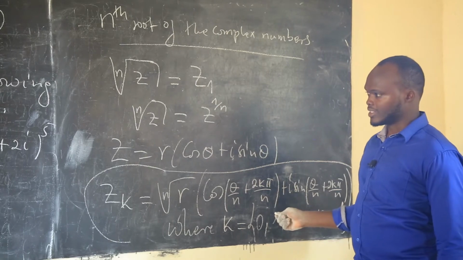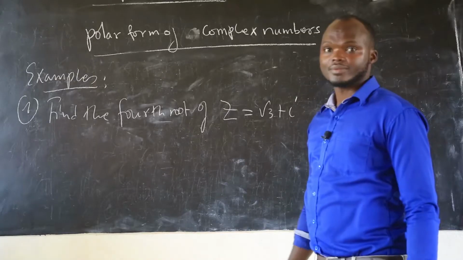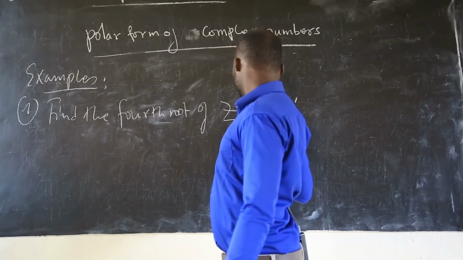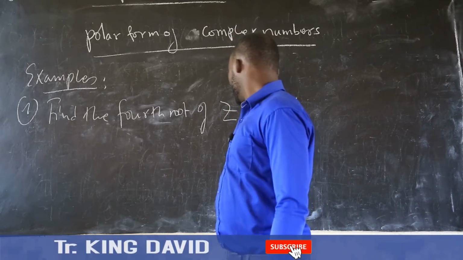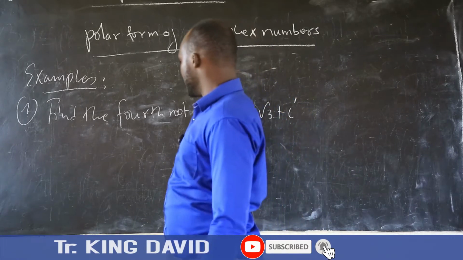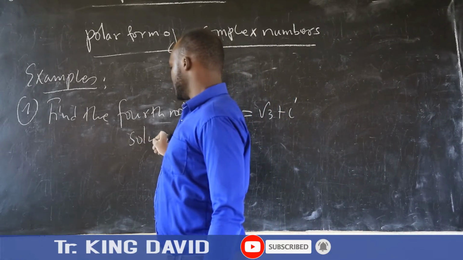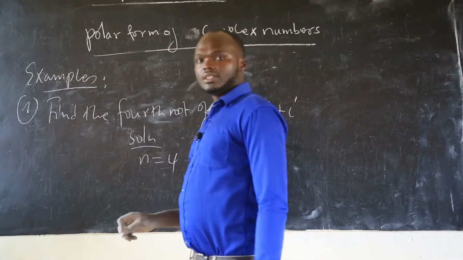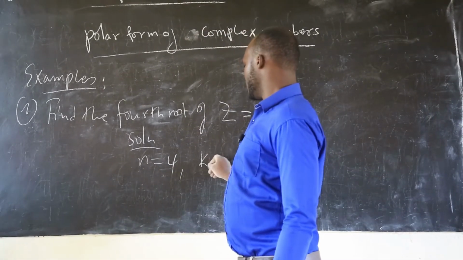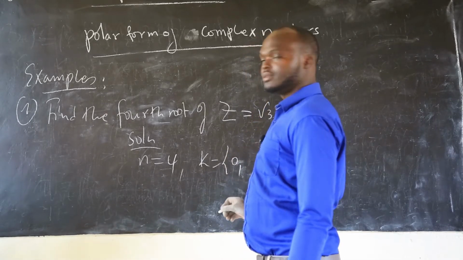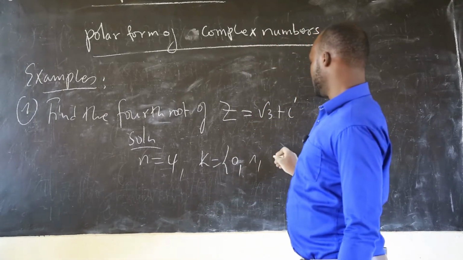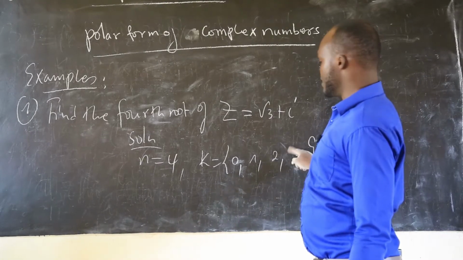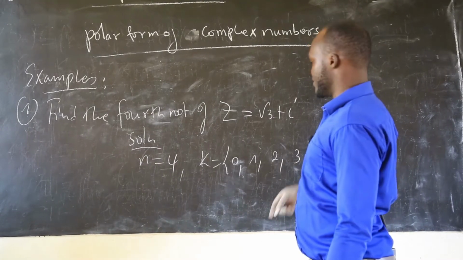So let us try to see examples. Example number 1: find the fourth root of z equal to 3 plus I. Because they are saying fourth root, our n is 4. Then our k will be 0, 1, 2, 3, because n minus 1, that is 4 minus 1, is 3.